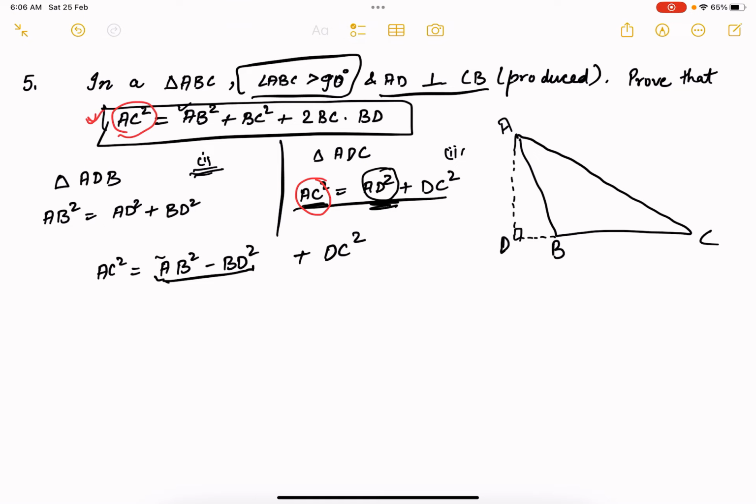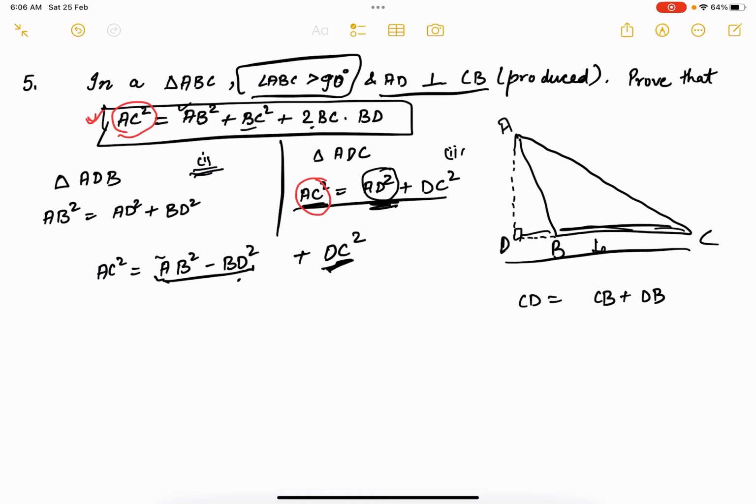We want BC and BD, we don't want CD, so again let's eliminate CD. From this diagram, CD is equal to CB plus DB. CD, this whole length, is equal to CB plus DB.